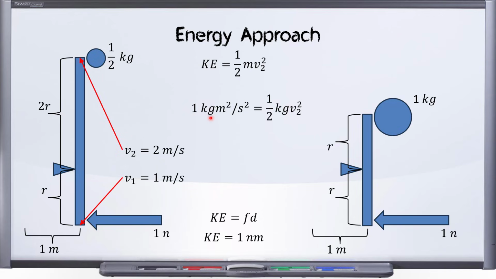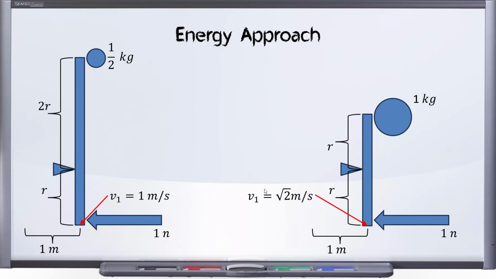We have 1 meter squared per second squared equals 1/2 V2 squared. Or V2 squared is 2 meters squared per second squared. Square root both sides. And V2 is the square root of 2 meters per second. With our moment arms being equal in this case, that means V1 is also square root of 2 meters per second.